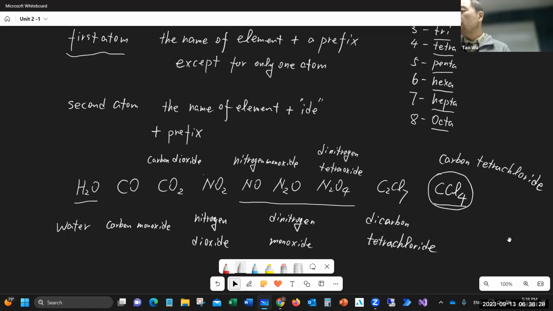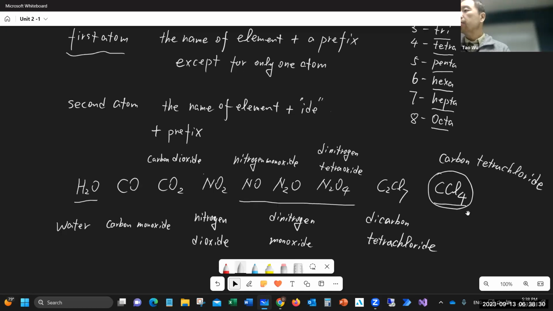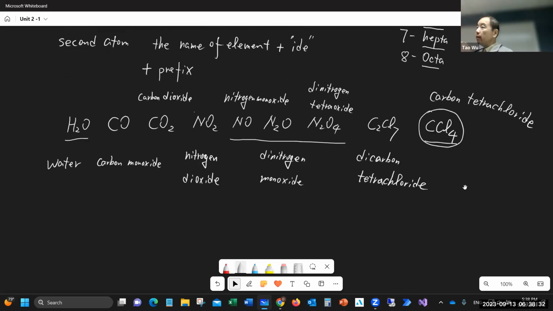All right, so you see, the number of atoms shown in the molecules is very important. A different number gives you a different molecule. When we talk about it, it looks pretty straightforward and easy, right? But it's very confusing when I mix everything together.